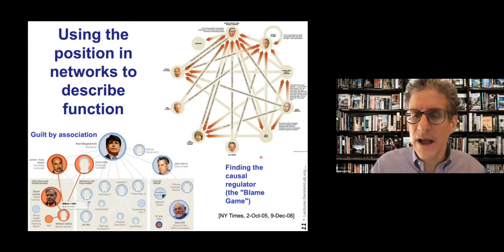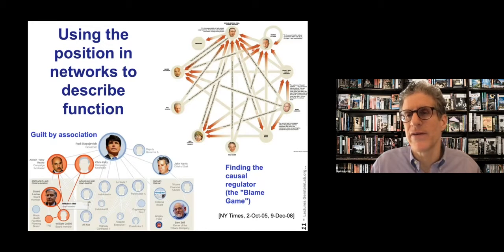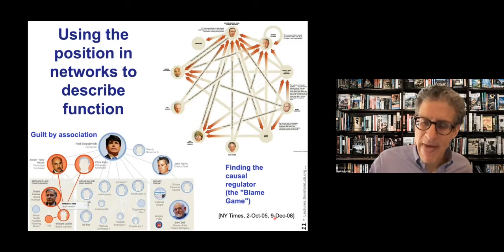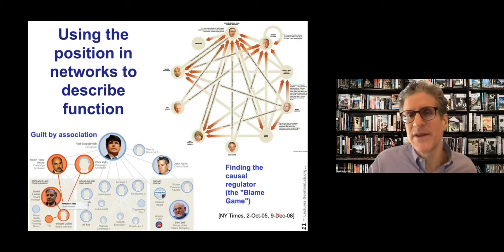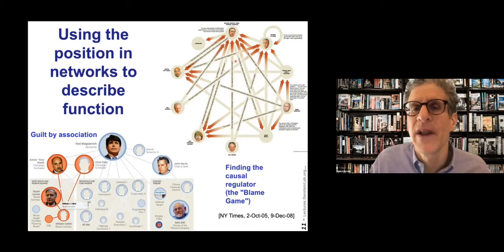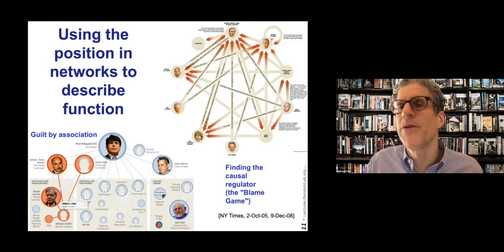So let's look at this picture here for a second. Now that's actually an old picture. I took these pictures from the New York Times maybe 15 years ago, but they're still completely representative. What was going on here at that time was, I think George W. Bush was the president at that time.